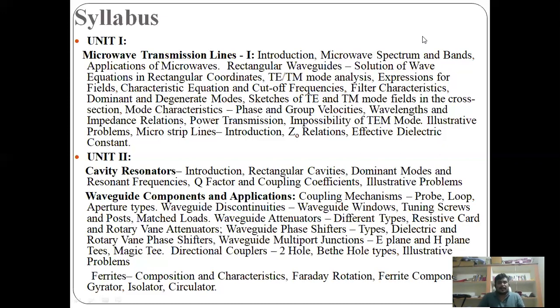Whenever we add passive components to your BJT or FET, it makes sense. Similarly, here we have waveguide components and applications, starting with coupling mechanisms: probe, loop and aperture types, three different types, and discontinuities, matched loads, waveguide attenuators. We'll start with the microwave bench.